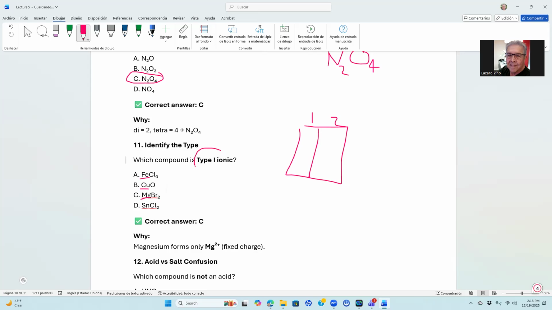Type 1 ionic: iron, I don't know, because it's transition; copper no, because it's transition; and tin can work with +2 and +4. So the answer is B, that is magnesium, that only works with one type of charge. Let's continue.